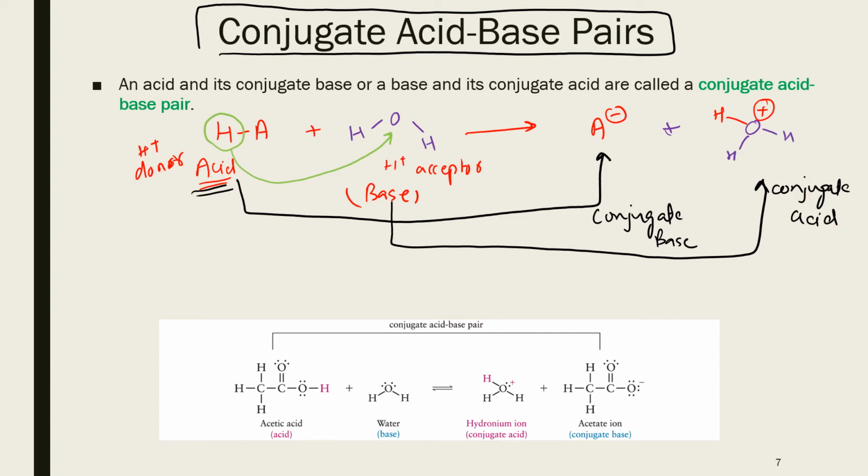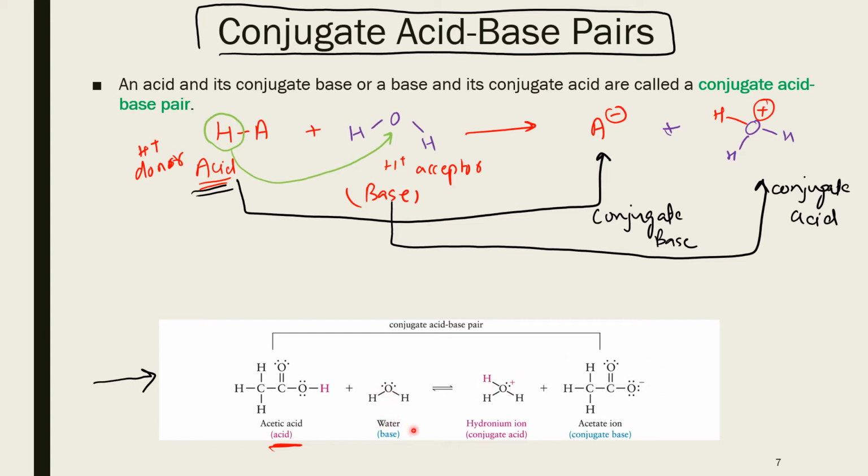Let's take a look at a real reaction. In this case, our acid is acetic acid, the acid which is found in vinegar, and the base is still water. After the acetic acid donates this proton, the leftover part is the acetate ion. As you can see, it does not have that proton anymore because it has donated it to the water.